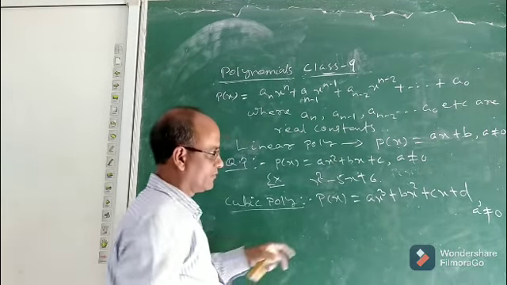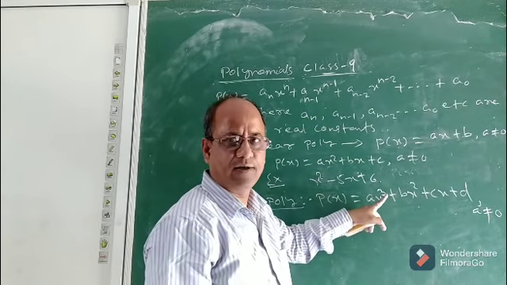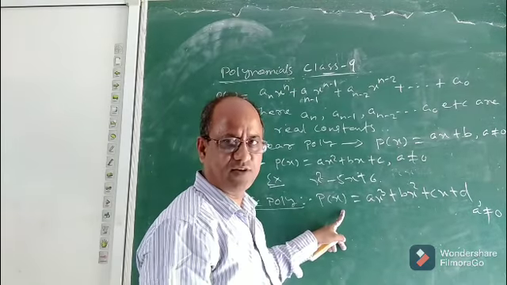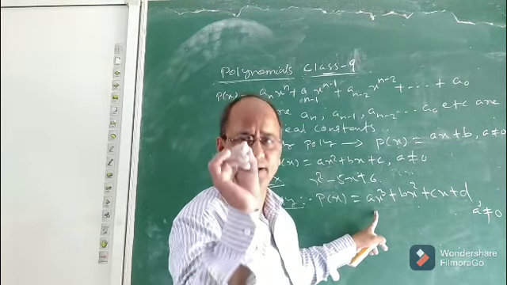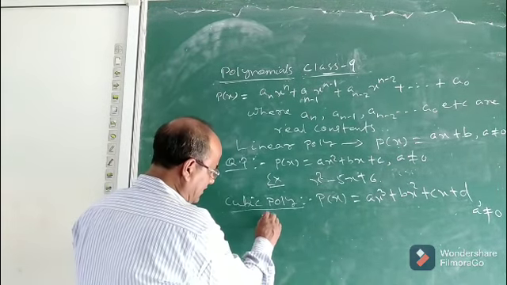So this is the general form of a cubic polynomial in variable x. Okay, that means every cubic polynomial in variable x will be in this form. You can give as many examples as you like.